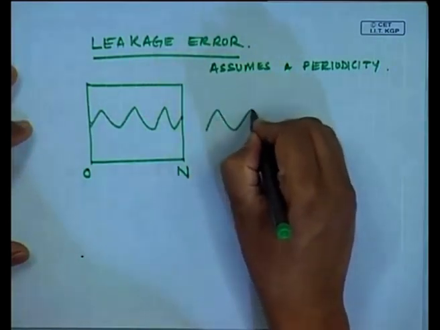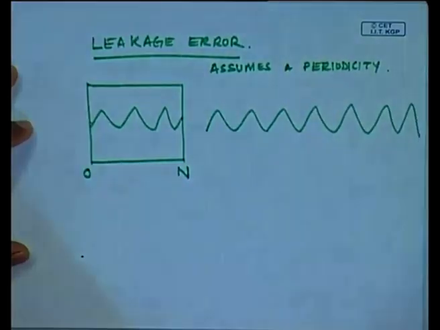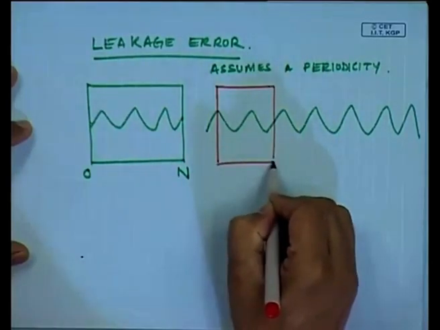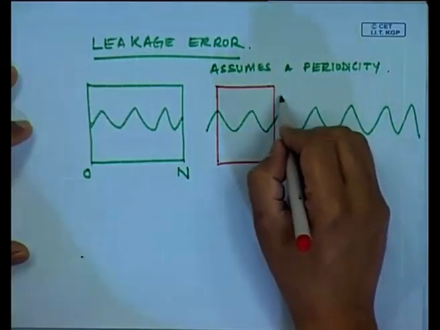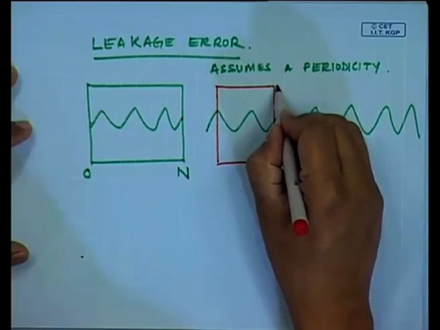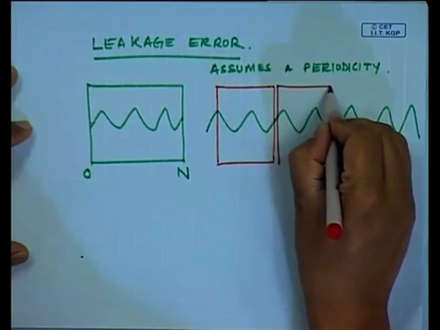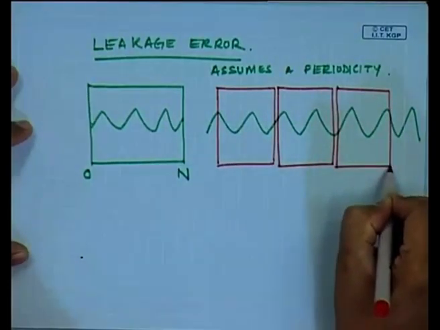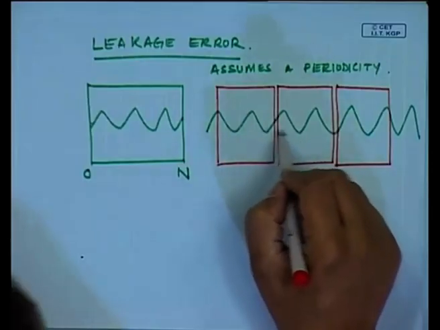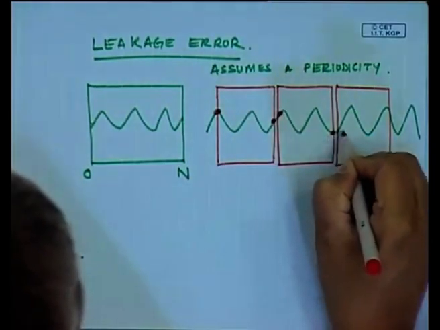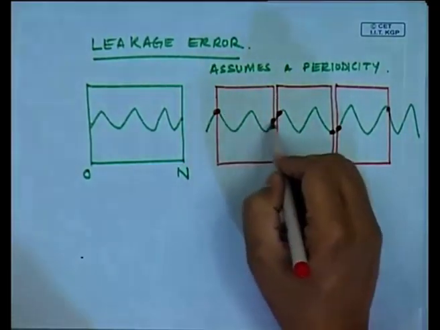Now, if this data was a continuous sine wave, so if I put a few windows here, I have sampled the signal by these red boxes, and you will see each one of these starts at a different amplitude location and stops at a different amplitude location.